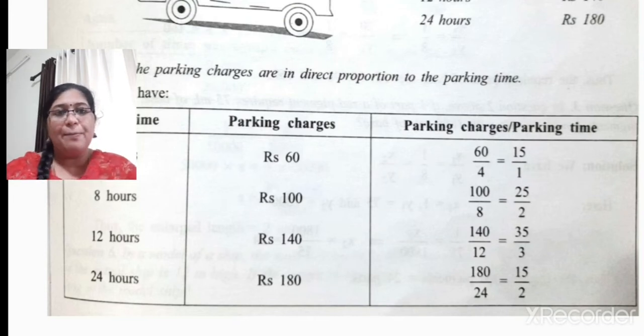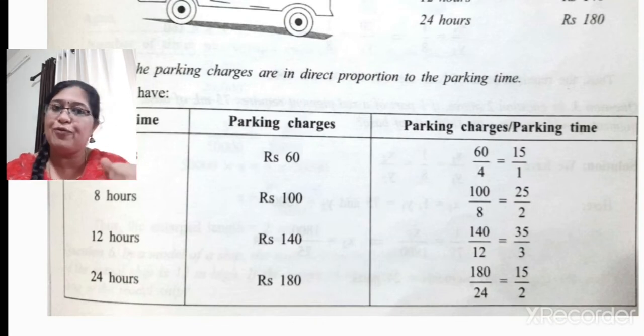So these numbers are not constant. The answers which you are getting are not the same. If the answers are the same only, we can tell that it is proportional. It should be a constant k, I told. Same like that, it is not coming.